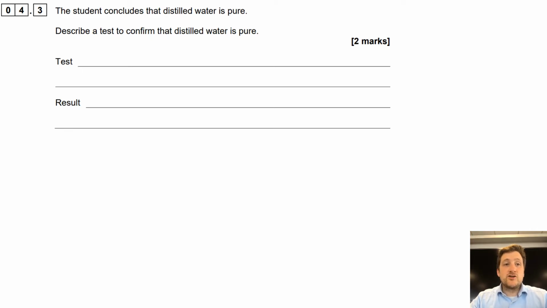Next one is describe a test to confirm that distilled water is pure. To determine purity, there is one way to do this. Well, 2 ways in reality, but for distilled water there is only one. We have to determine the boiling point, because it's only the boiling point and the melting point which will tell you for certain whether that substance is pure or not.